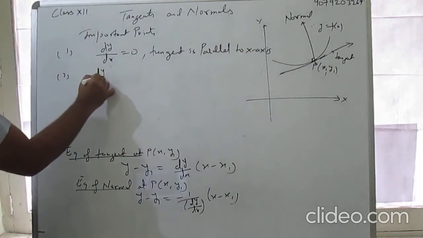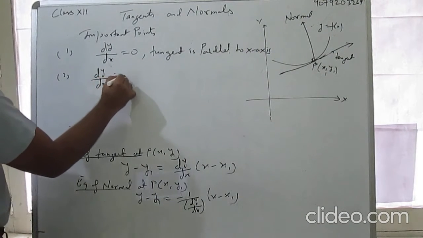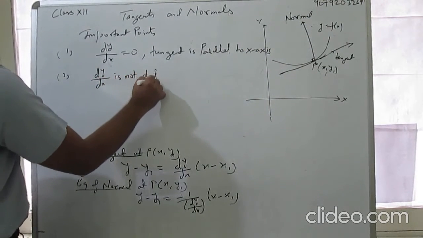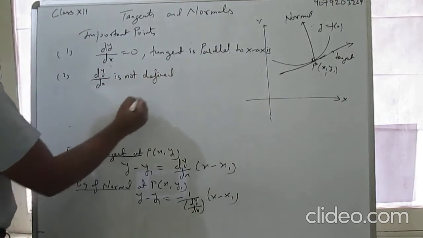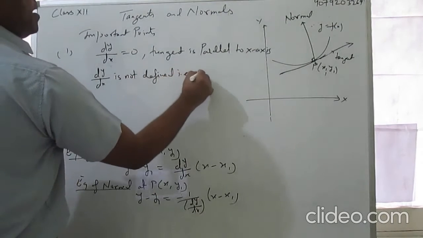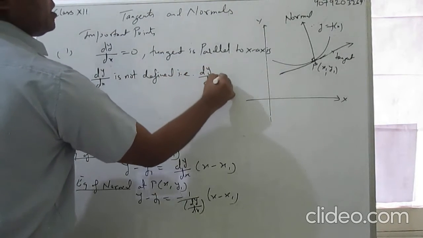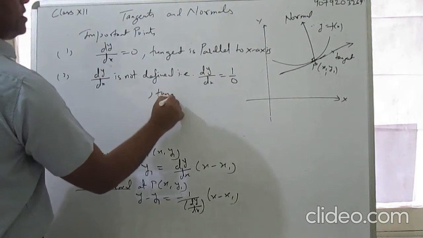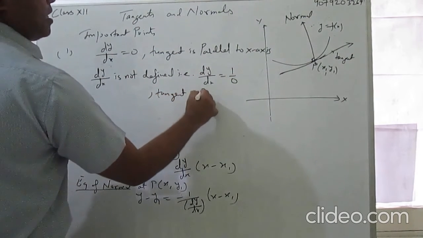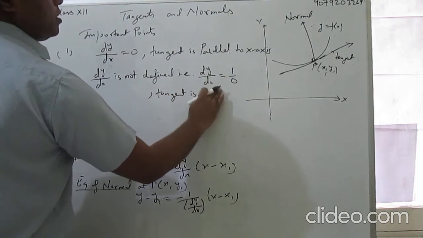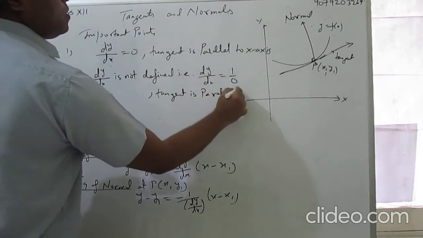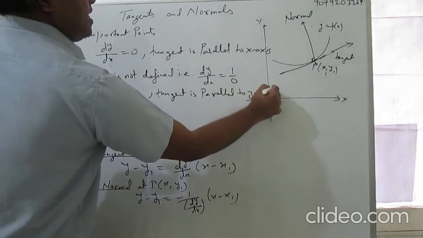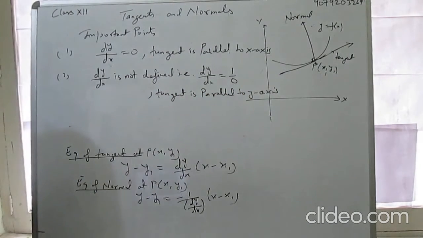If dy by dx is not defined, that is dy by dx is equal to 1 upon 0, it means tangent is parallel to y-axis.